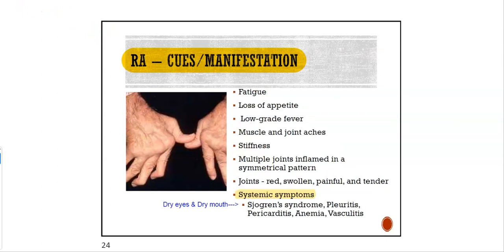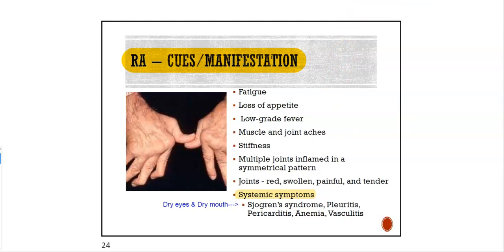Manifestations or cues for RA can include fatigue, loss of appetite, low-grade fever, muscle and joint aches, stiffness, and multiple joints inflamed in a symmetrical pattern. So that's key, it's symmetrical. And because of inflammation, the joints may appear red, swollen, painful, and tender.